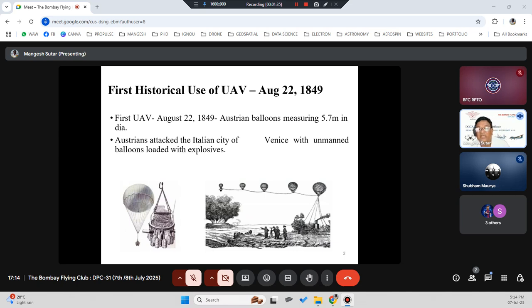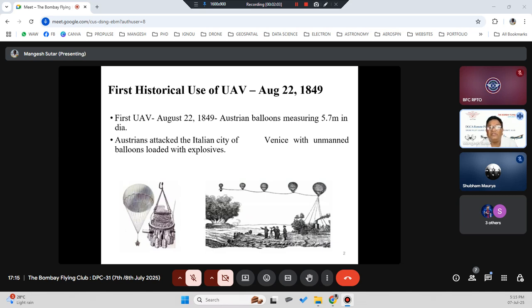So this was the first application of an unmanned aerial vehicle. Though this was not successful, it was also used during World War II by Japan. From Japan they used to launch such balloons, thinking that they would reach the western coast of America, the Las Vegas, California, and all those locations.